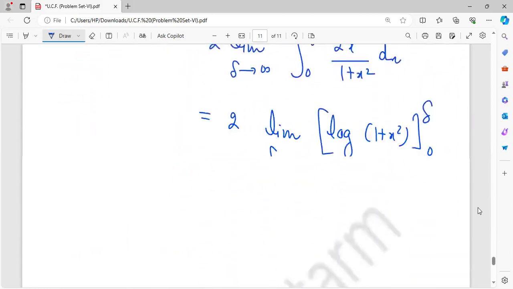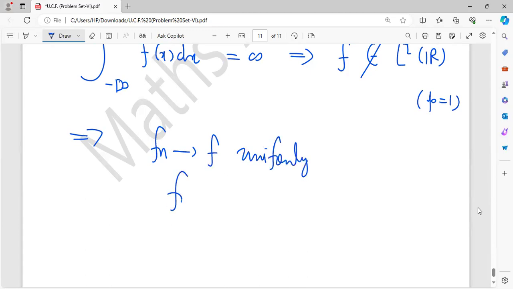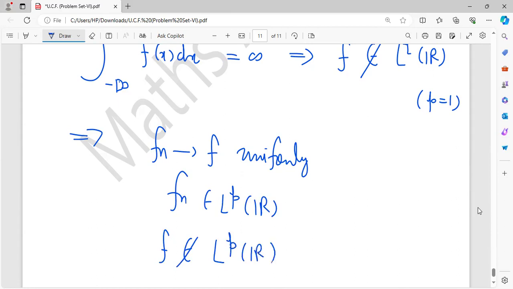So this implies fn converges to f uniformly, each fn is in LP(R), and f does not belong to LP(R), for p less than infinity.